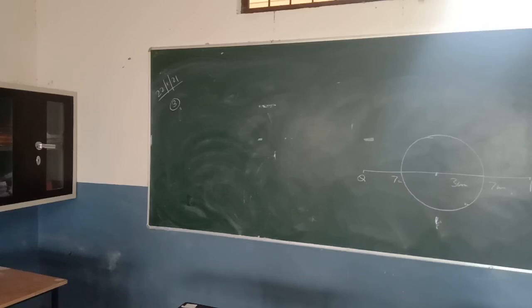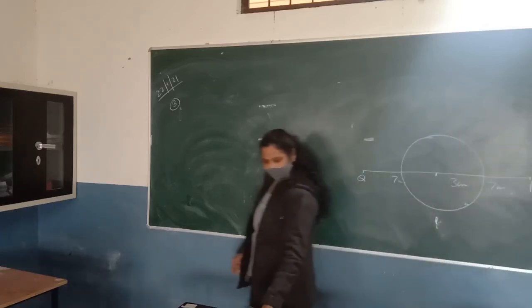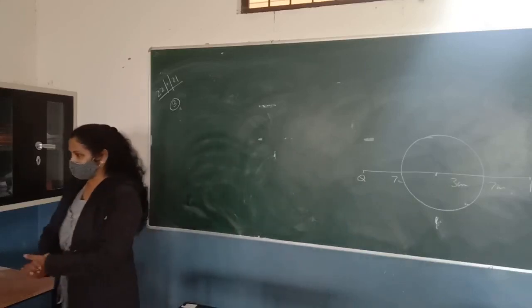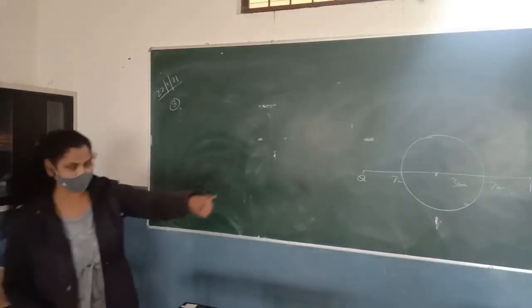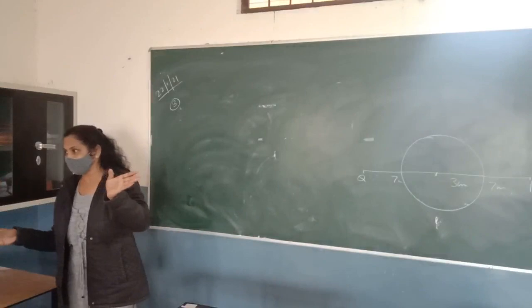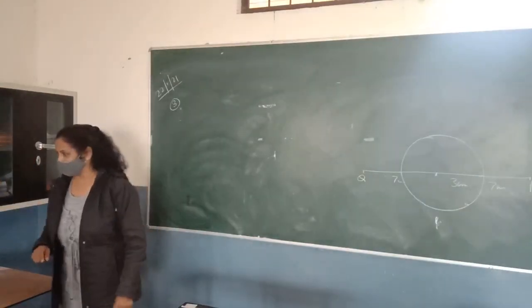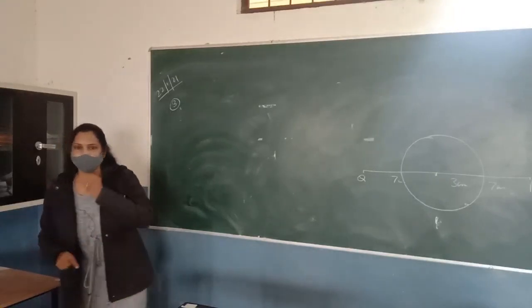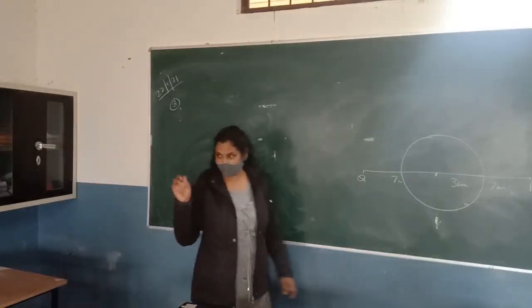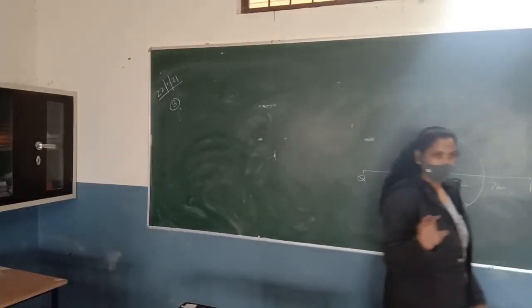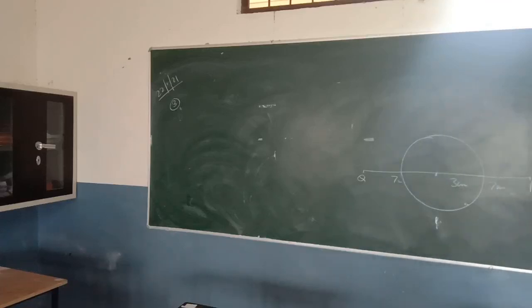Then draw the circle of radius 3 centimeters and extend the diameter on both sides such that the distances of the points P and Q from the center are 7 centimeters. If any one of you has any problem in the question, you can ask me. Faster.